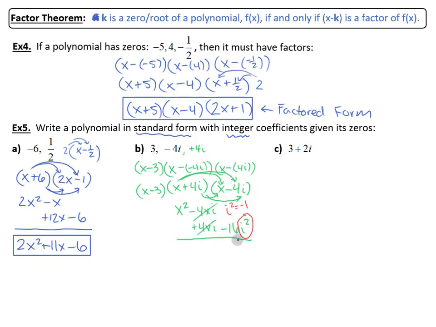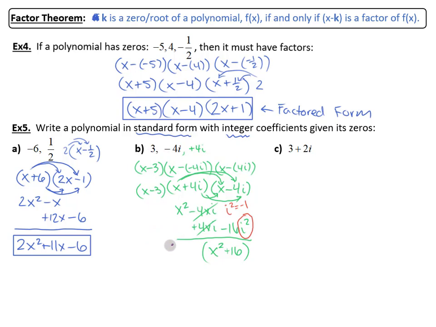So if I replace that with negative 1, we'd get negative 16 times negative 1, which ends up turning that into positive 16 at the end. So we end up getting x squared plus 16. That is the factor that would get us these two imaginary conjugate roots.